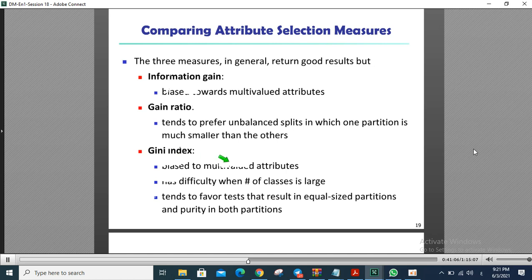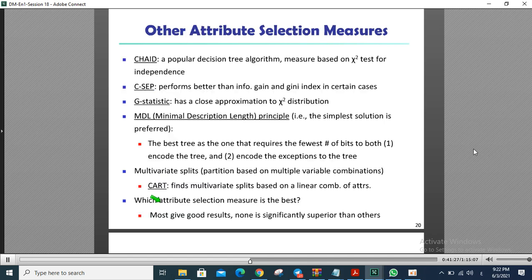A class with a few tuples and the other class has too many tuples. It's an unbalanced splitting. And the third measure is Gini index. The Gini index is affected by multi-valued attributes. Its performance is low for datasets with too many classes, and it tends to use equal size partitions.